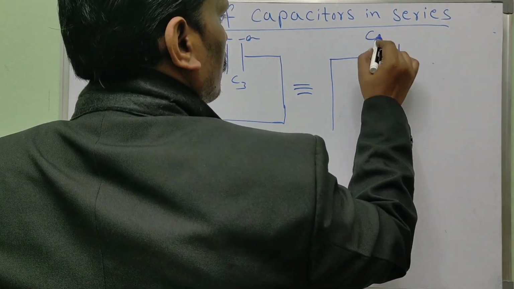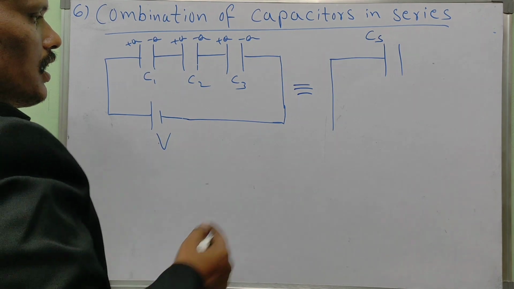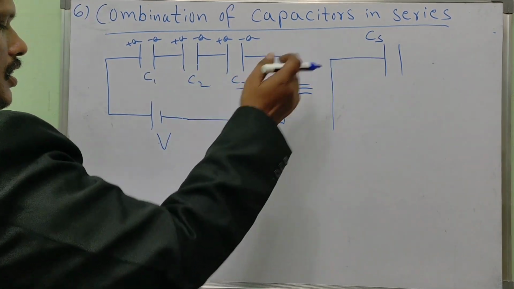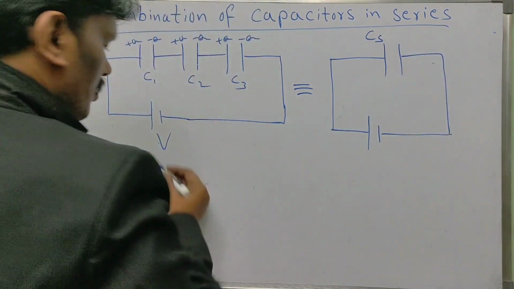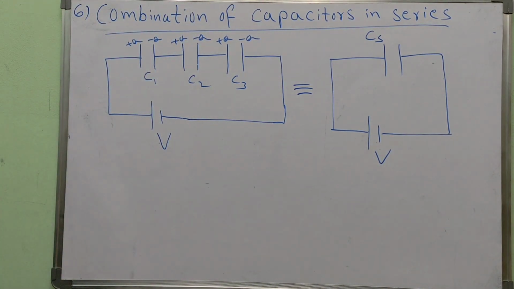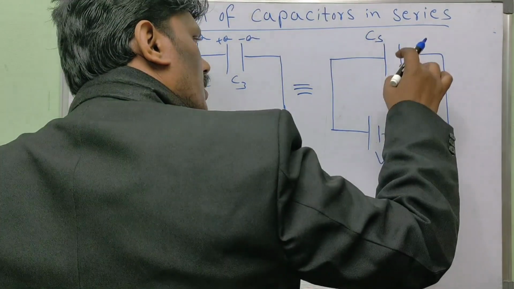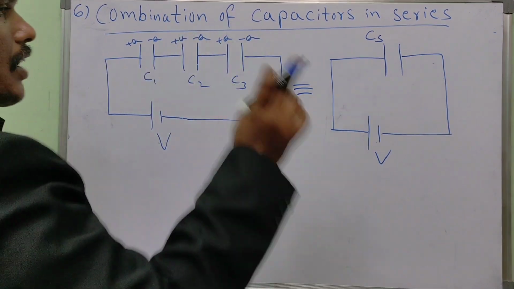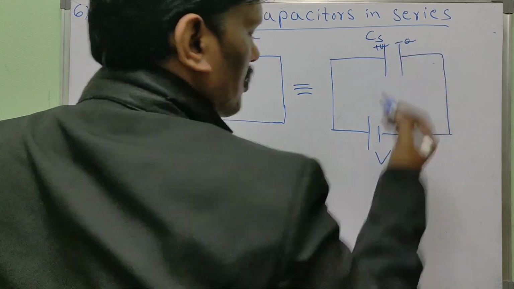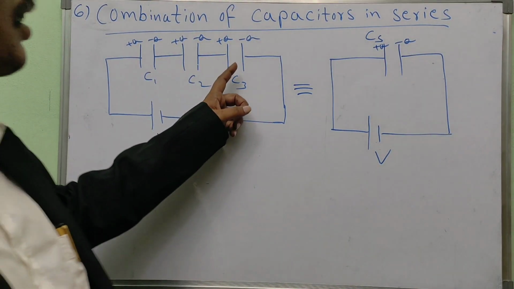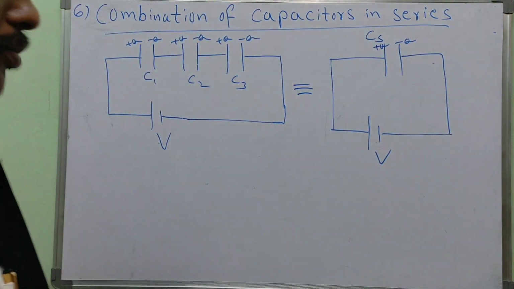That's why I'm going to represent it as S. CS is the equivalent capacitance of these three capacitors connected in series, and I'm going to connect it to the same cell V. Now, in series combination, remember students, the equivalent capacitor also will have the same charge: plus Q and minus Q. Individually, each and every capacitor will have the same charge, and the equivalent capacitor also will have the same charge.